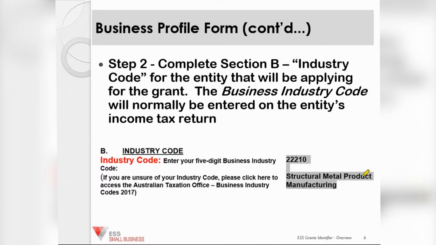So structural metal product manufacturing, which our hypothetical company is, is code 22210. You can find your code from your tax return because it's normally disclosed as the industry code, or you can click on the link here, which will take you to the Australian Taxation Office summary of business industry codes, because it is the tax office that prepares these codes.